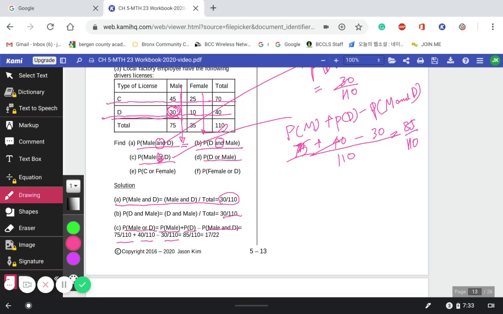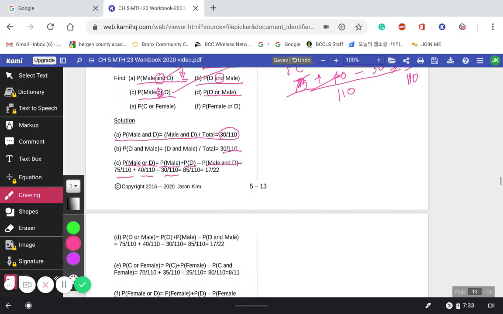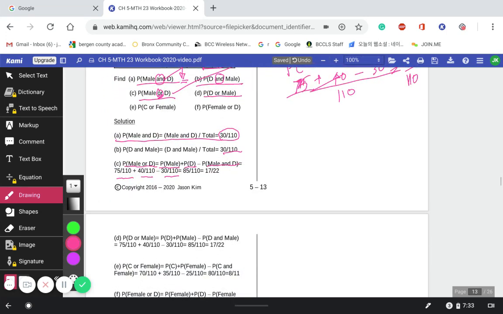Oh, that was C. So where was D? D or male is D plus male minus D and male. Which is 40 out of 110 plus 75 out of 110 minus 30 out of 110. So you get the same answer. Okay.